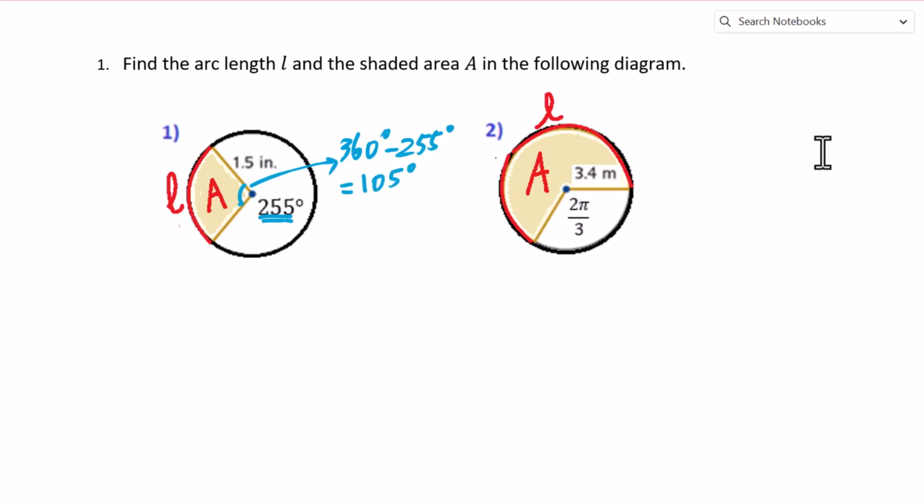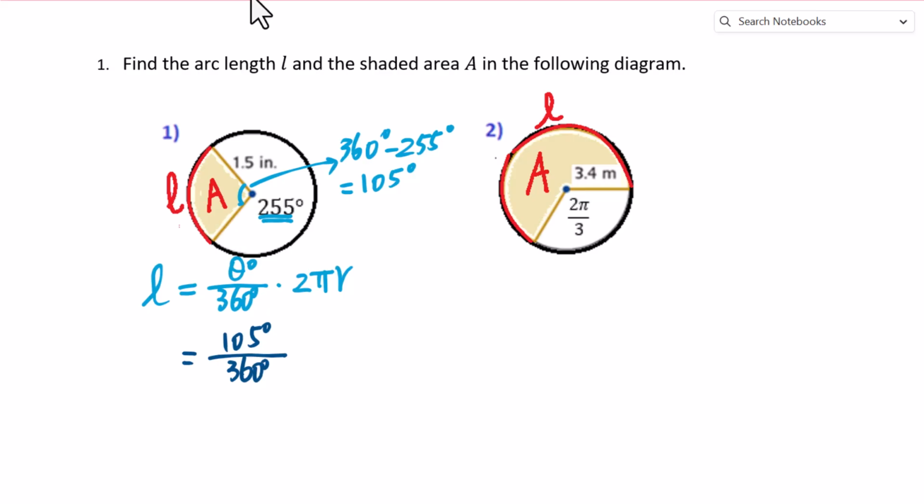105 degrees. So L equals theta degrees over 360 degrees times 2 pi r, equals 105 degrees over 360 degrees times 2 pi times 1.5, which is 2.75 inches.